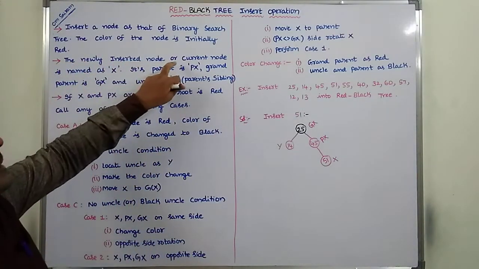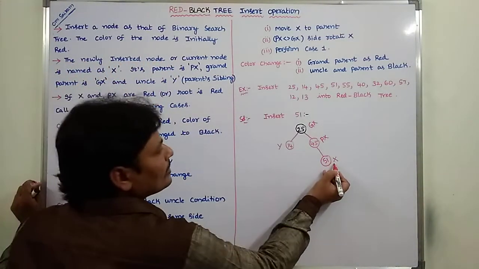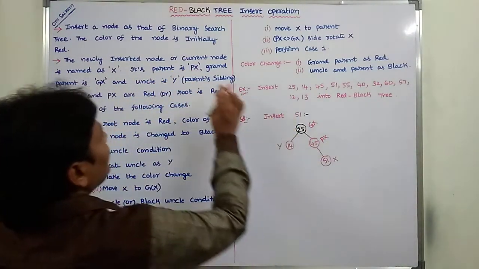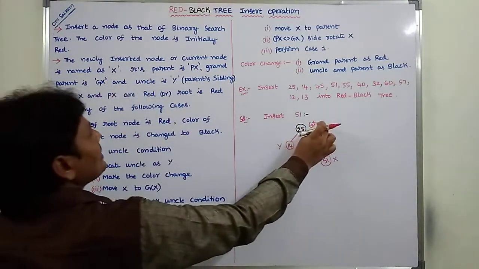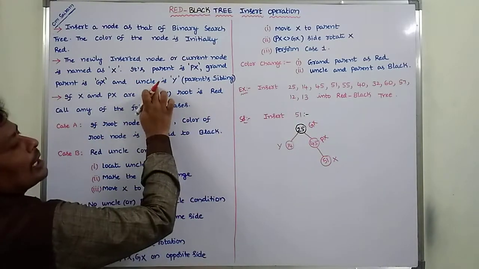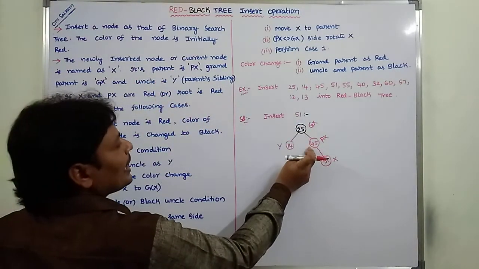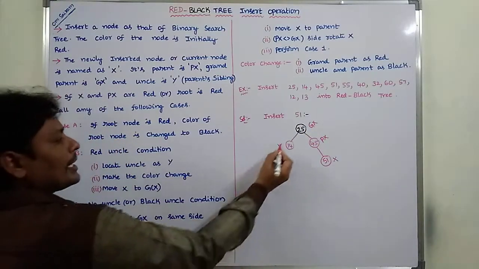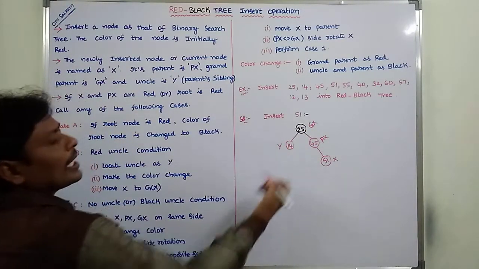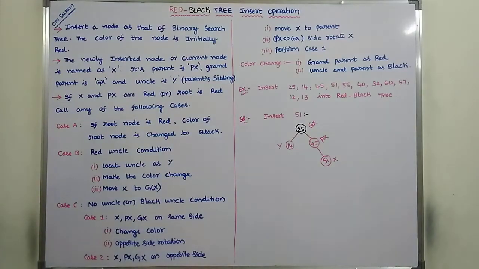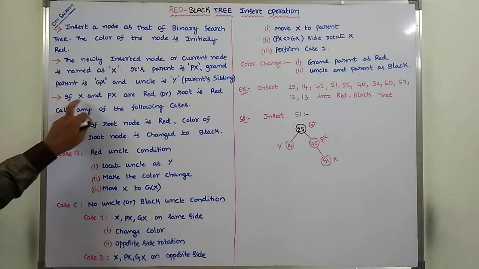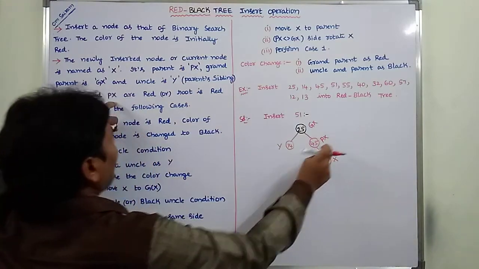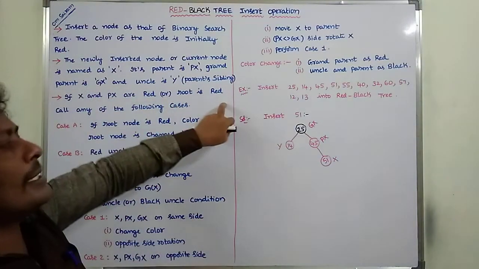The newly inserted node is X, that is 51. Its parent is PX, its grandparent is GX, and its uncle is nothing but the parent's sibling or grandparent's son. Uncle is denoted by Y. Now, if X and PX are red, or the root is red.